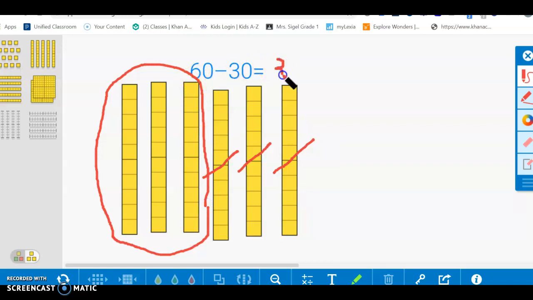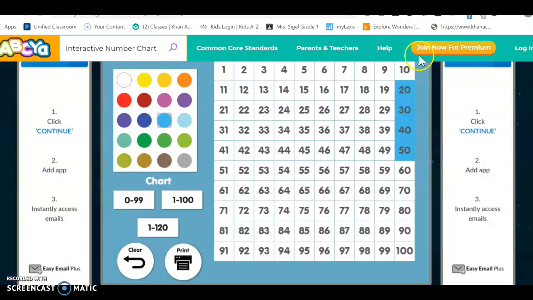Does this remind you of anything? Are you thinking of a double stacked? Me too. Okay. All right, and if we were to check our numbers chart, we were at 60, we took away 30, 10, 20, 30. So 60 minus 30 is 30.